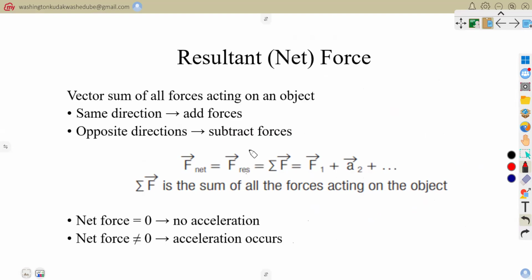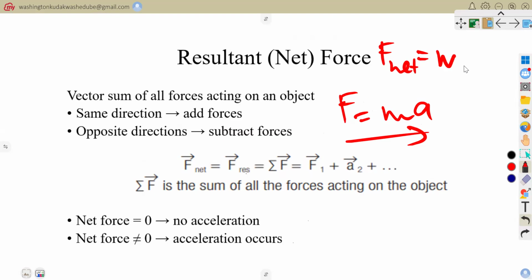So take this representation here to mean F net equal to F resultant, being the vector sum of forces. You will see that according to Newton's law, without diving deep, we have got a formula that defines our net resultant force, which says F net is equal to ma, where we have got our mass and our acceleration.